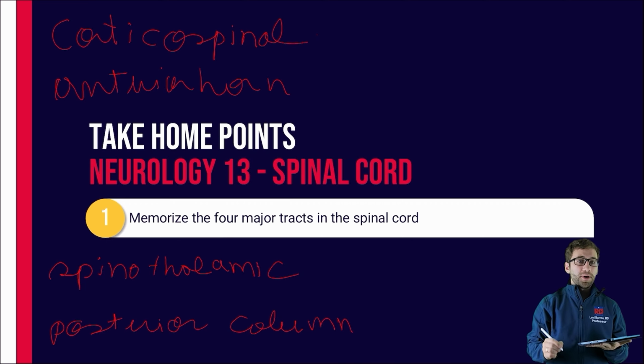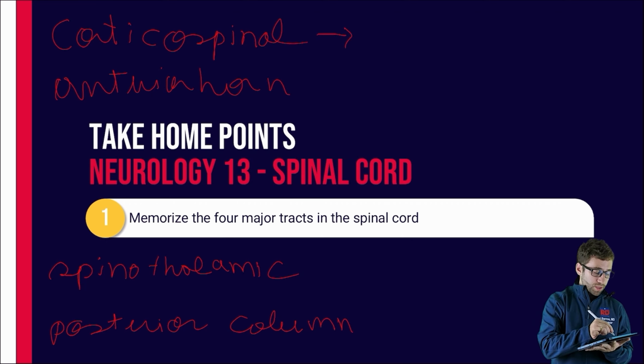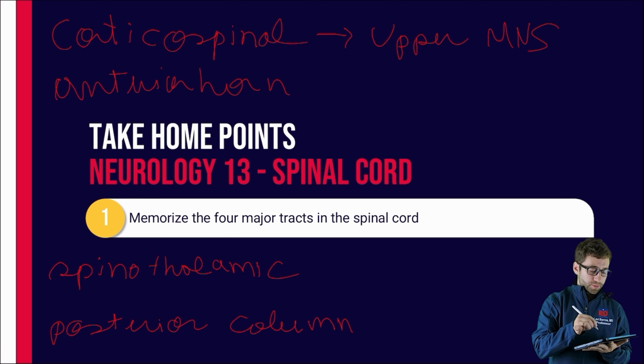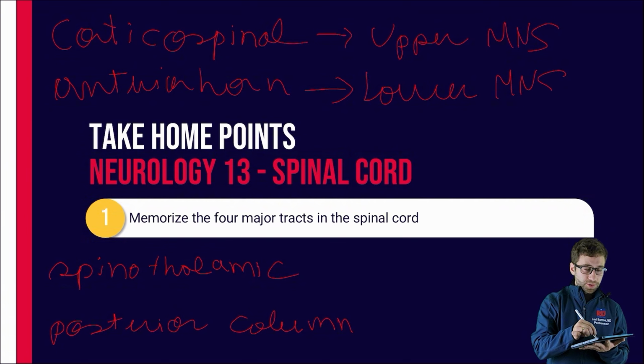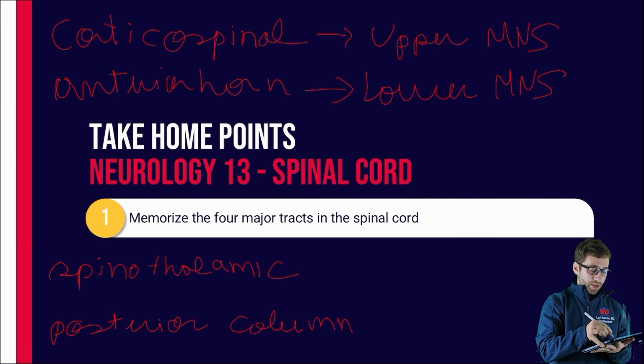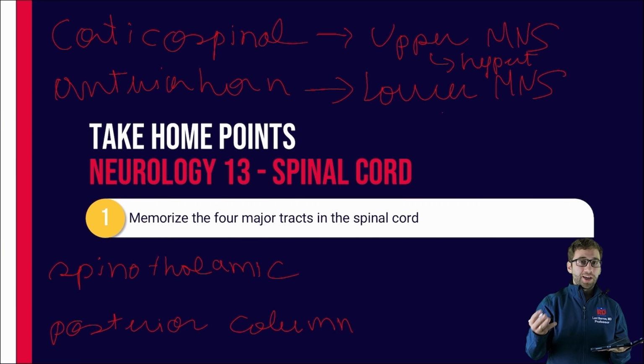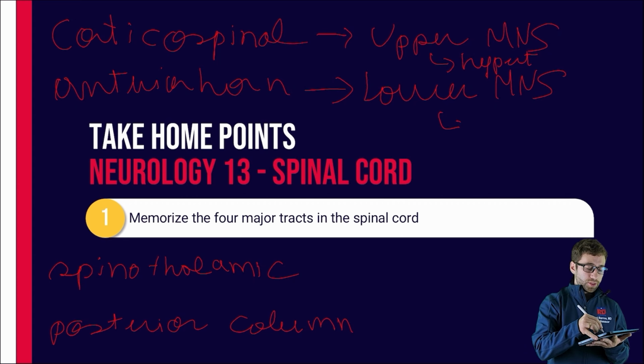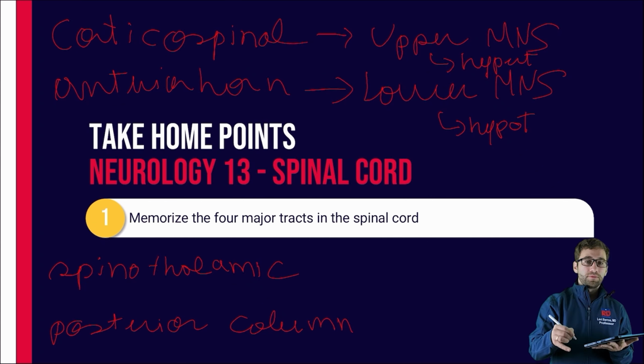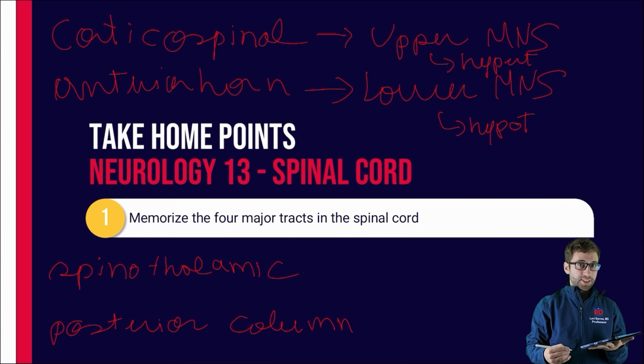Lesions in the corticospinal tract will lead to upper motor neuron syndrome, while lesions in the anterior horn will lead to lower motor neuron syndrome. Okay? The upper motor neuron syndrome will lead to weakness and hypertonia. The lower motor neuron syndrome will lead to weakness with hypotonia and hyporeflexia as well.